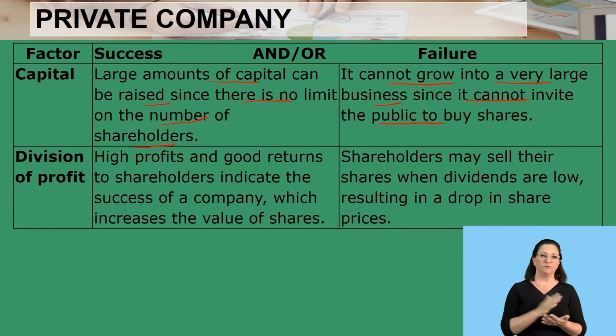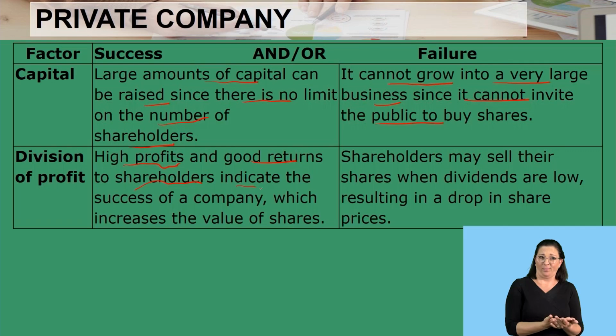Then looking into division of profit, high profits and good returns to shareholders, meaning when shareholders receive more and more dividends, meaning profits from the company, it indicates the success of a company. So immediately shareholders are receiving more and more returns. That is success. So what does success mean?